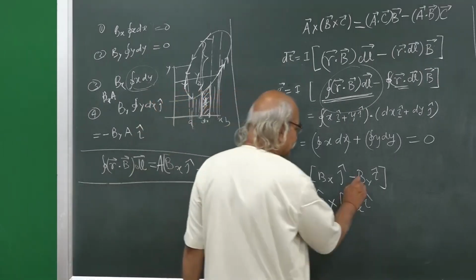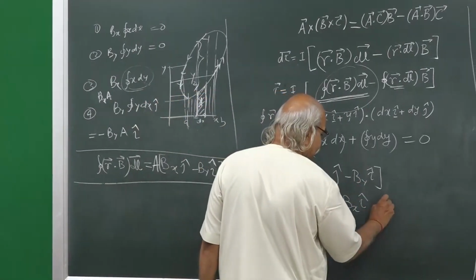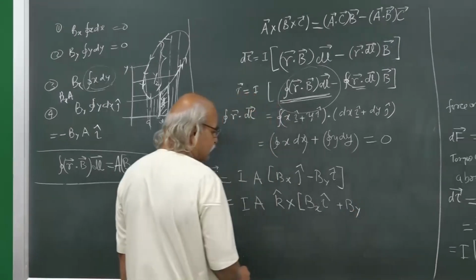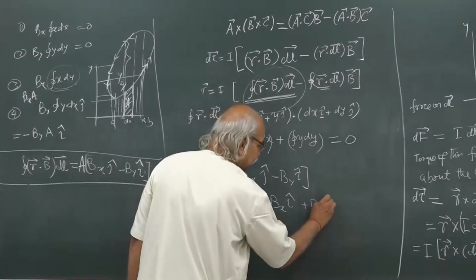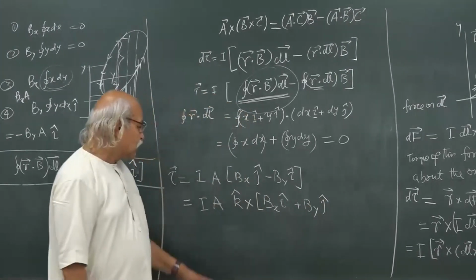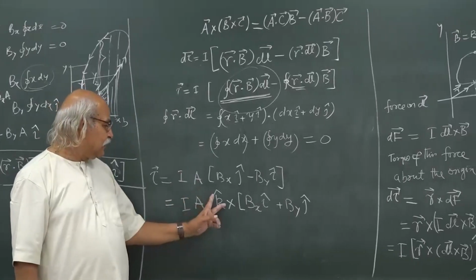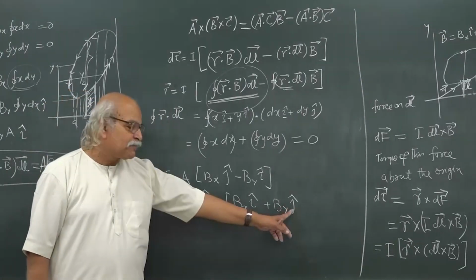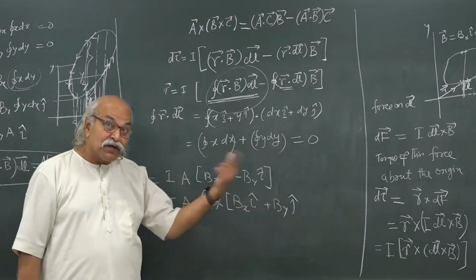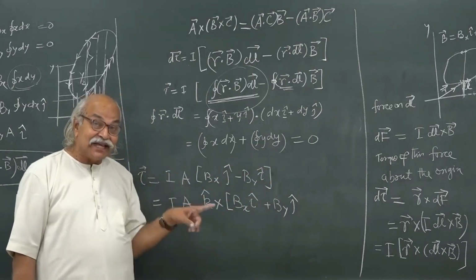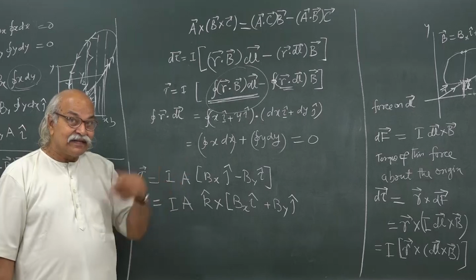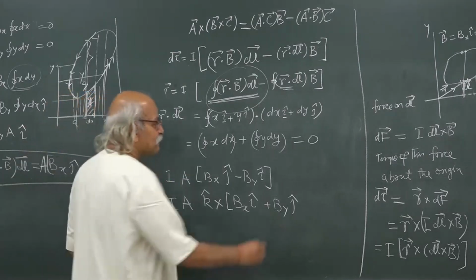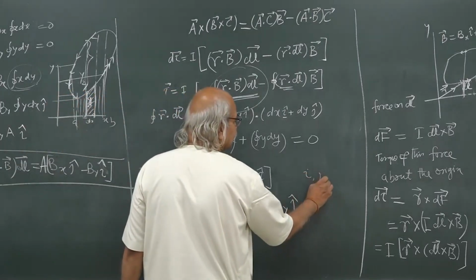Next term, let me write this as by, and let me write this as j cap. See what happens. IA is here. k cap cross j cap is minus i cap, right? In cyclic order you have i, j, k, i, then j and then k.